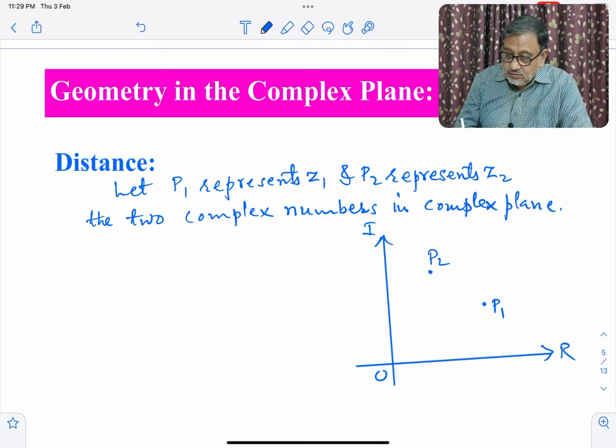P1, because earlier I have already told you that we use vector properties for the complex numbers in the complex plane.